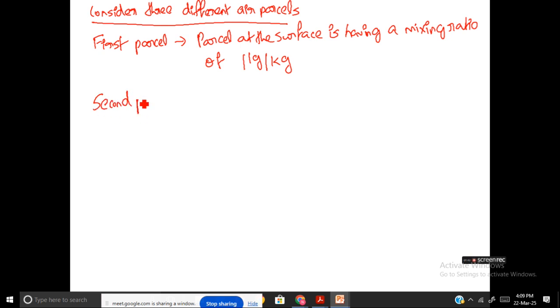And there is a second parcel. Again, at the surface, the parcel is having a mixing ratio of 14 gram per kilogram.